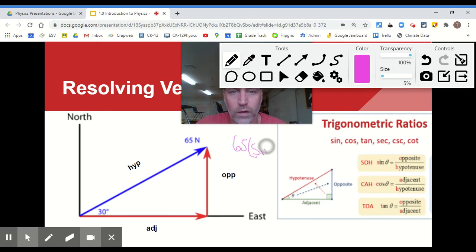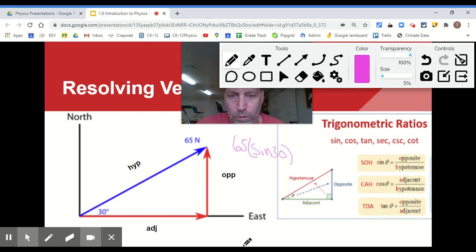Remember, this theta right here is our angle, and our angle here is 30. So the length of this side is going to be 65 times sine 30.